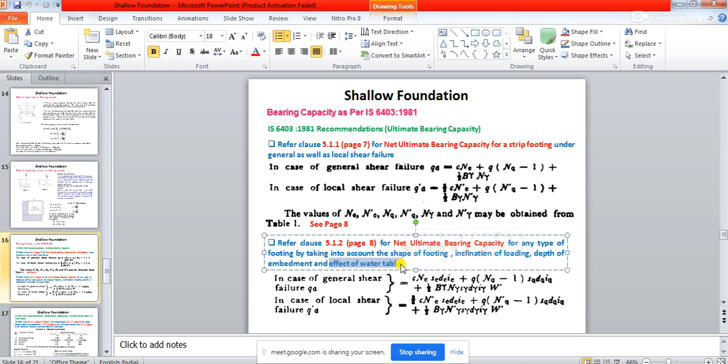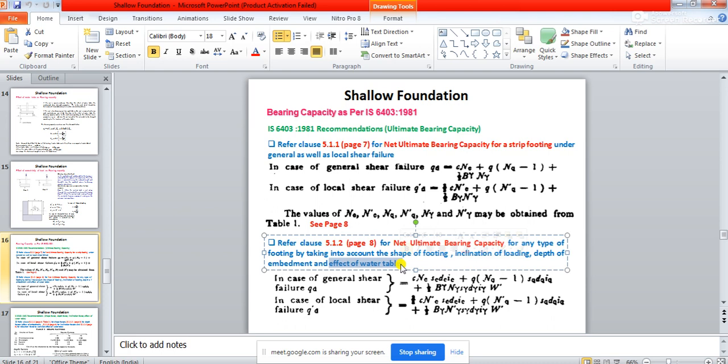So considering Meyerhof's formula, the Indian Standard Code has introduced two more factors into the formula given by Terzaghi. Those factors are the inclination factor, which takes care of any load acting on the footing or on the column at an inclined position, and the second one is the embedment or depth of embedment factor, in simple terms called the depth factor.